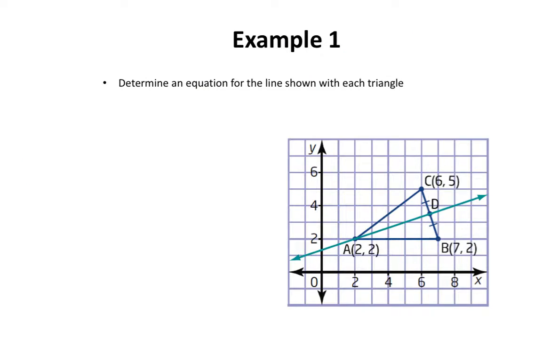In our first example, we want to determine an equation for the line shown with each triangle. If you recall, the general equation of a line in slope-intercept form is y equals mx plus b. That means we need to figure out the slope of this line as well as the y-intercept. To figure out slope, we need 2 points on the line.